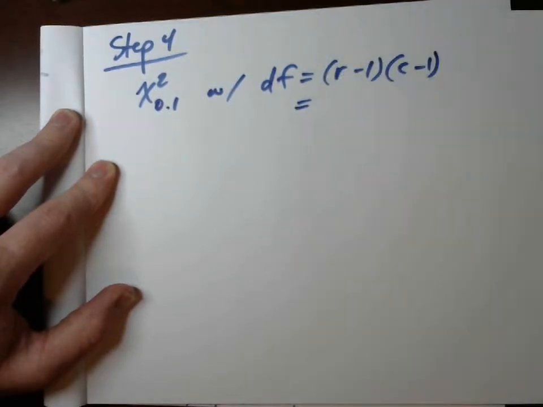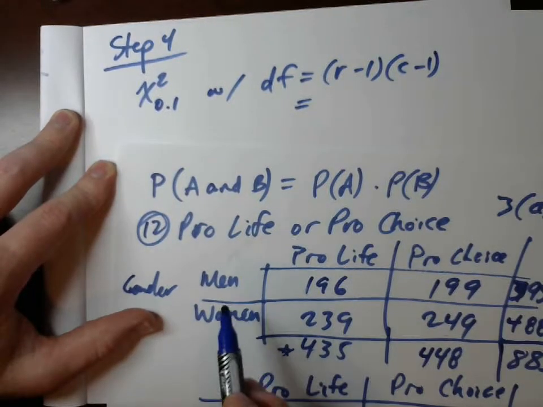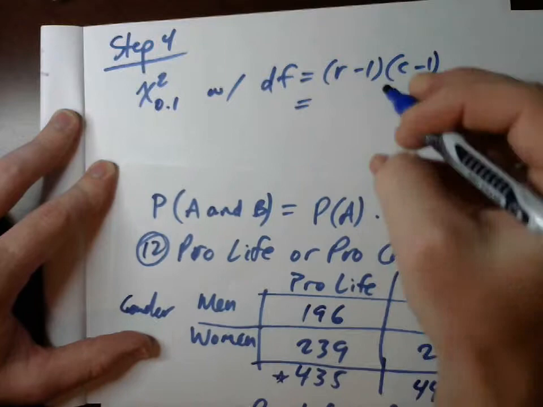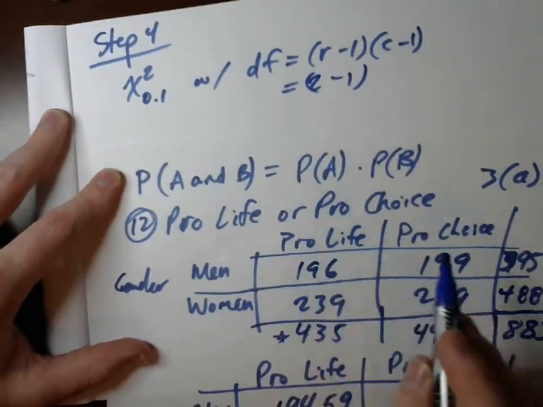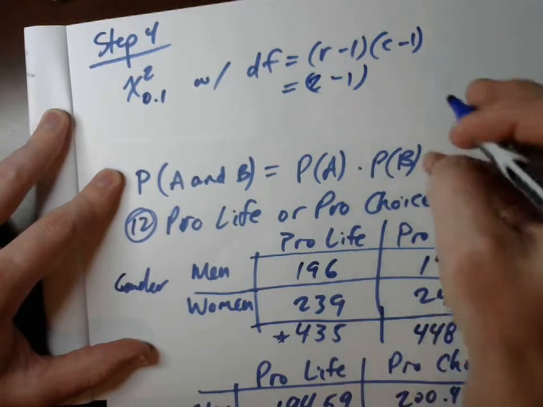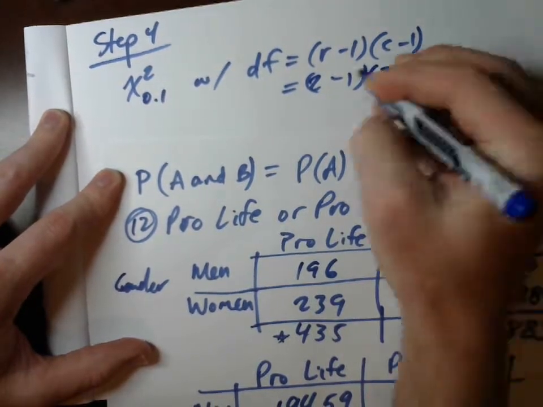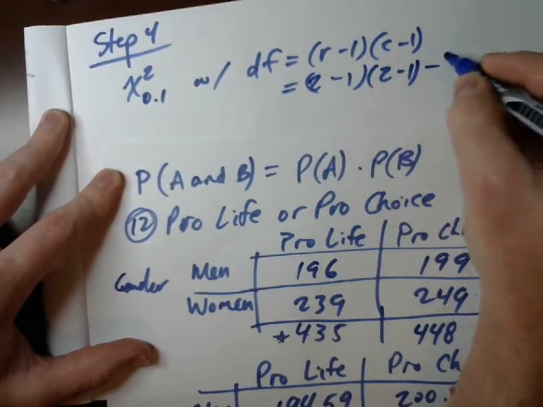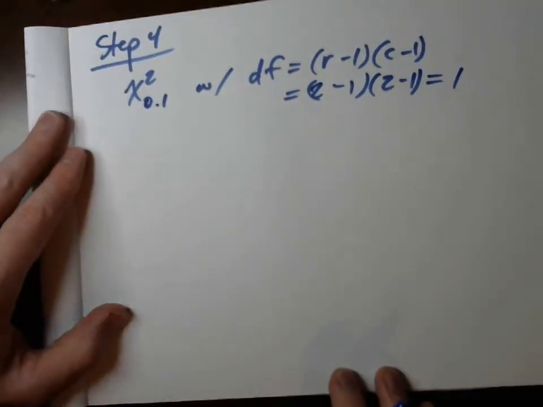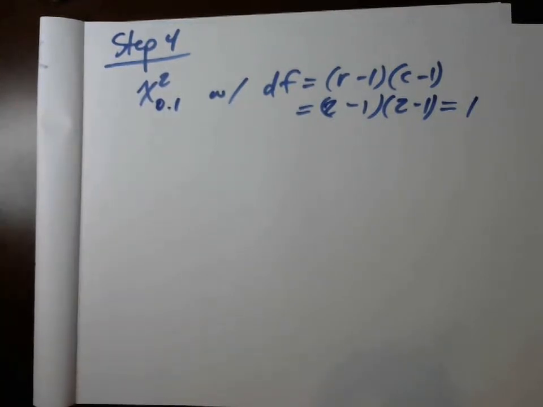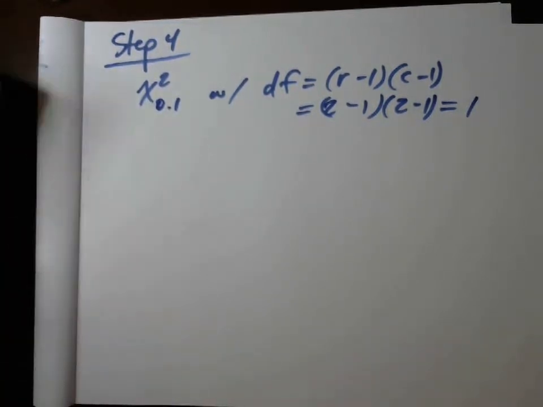How many rows do we have? We have 2 rows, so it's 2 minus 1. How many columns do we have? There's 2 possibilities. You're pro-life or pro-choice, so it's 2 minus 1. So as you can see, it's just 1 degree of freedom. And that's how you calculate it. Kind of weird, but not too bad.